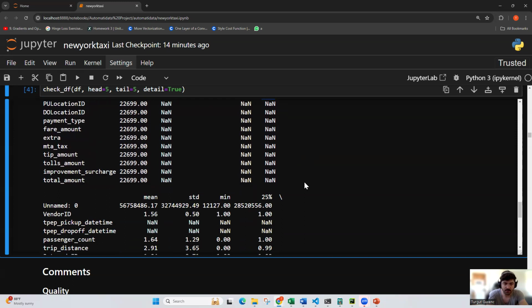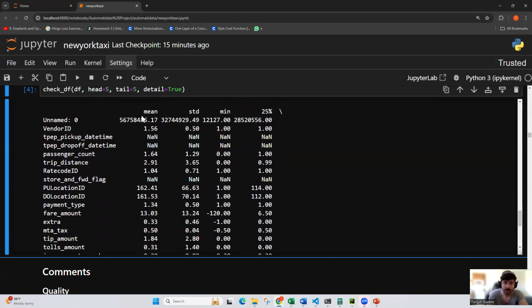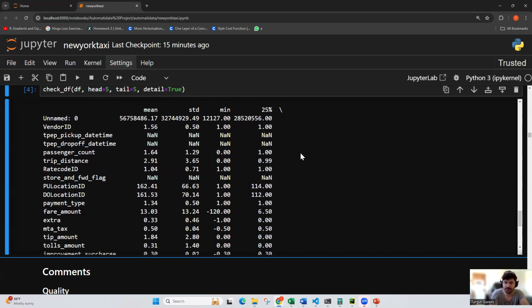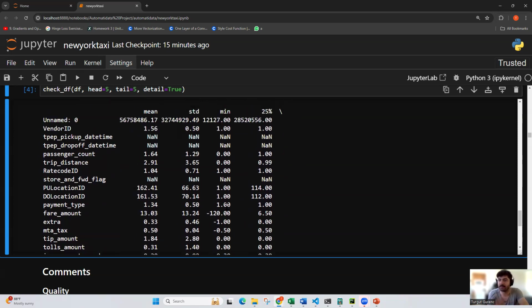And okay, so these are, of course, frequency, mean, standard deviation, minimum value, 25% quantile for each value. What can we understand? We can check how much the difference is between mean and median value, right?